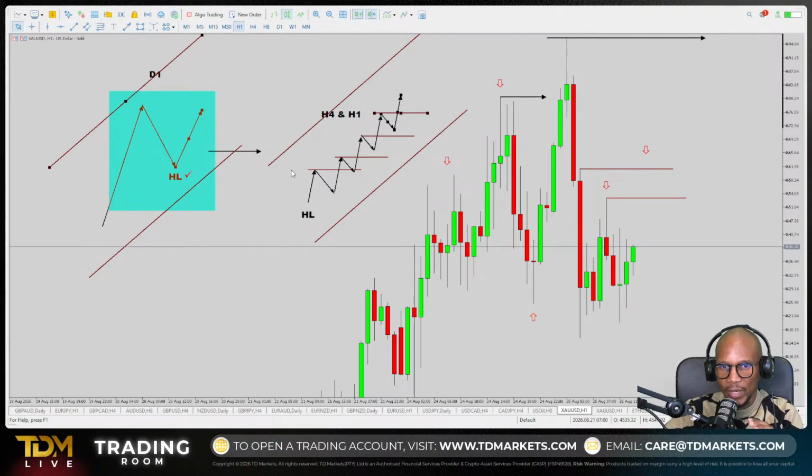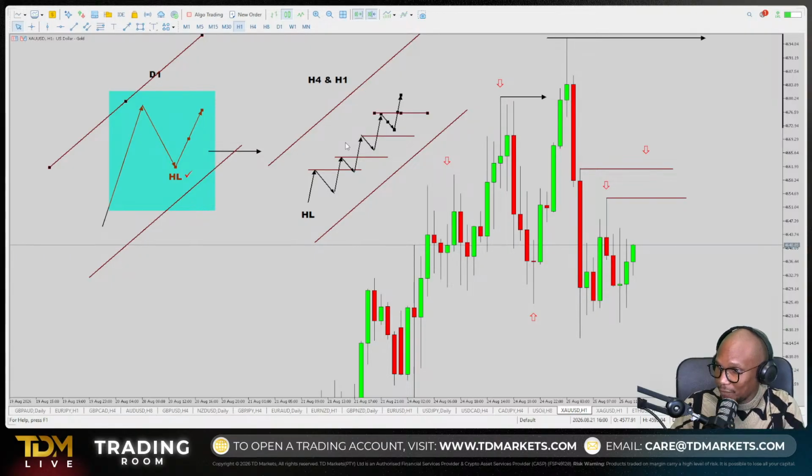What I'm trying to say is, once your direction is spot on, then in terms of the entry, you can use the most basic things you've learned, even on Babypips. You guys remember Babypips? Trust me, what's important is the direction. That's it. The direction.